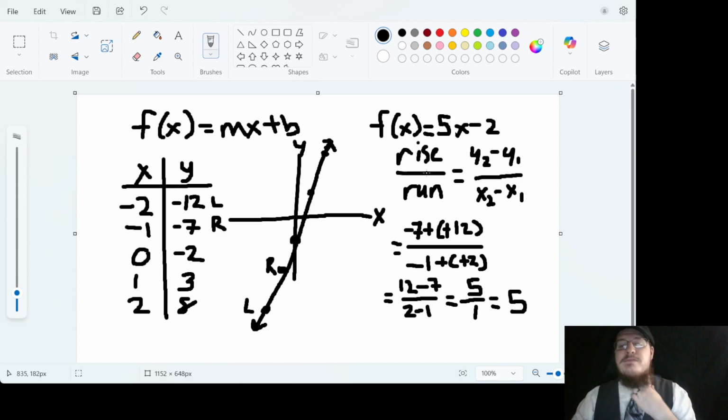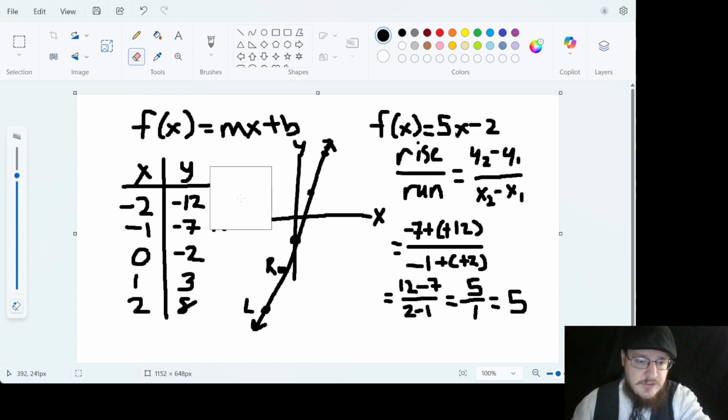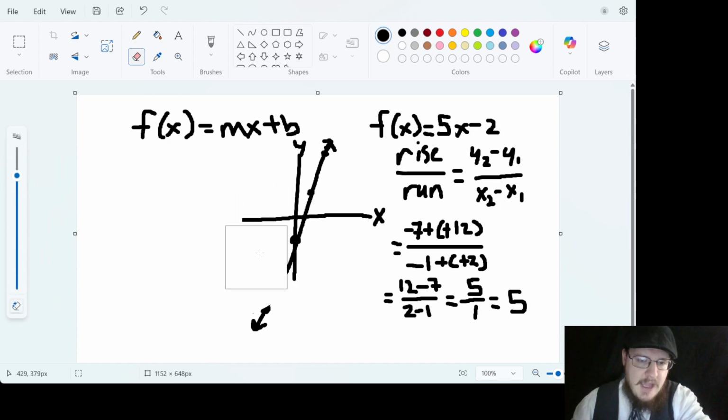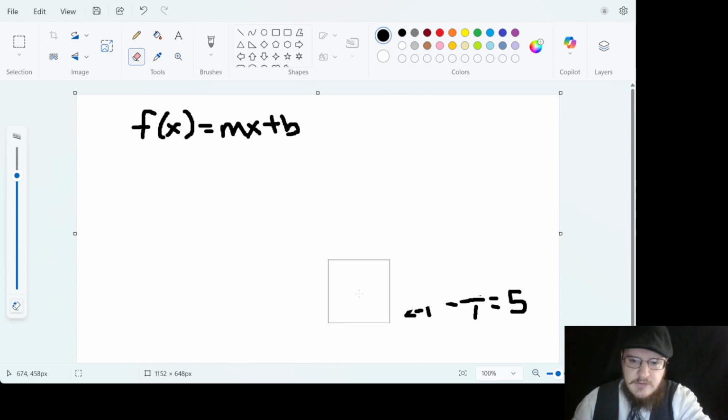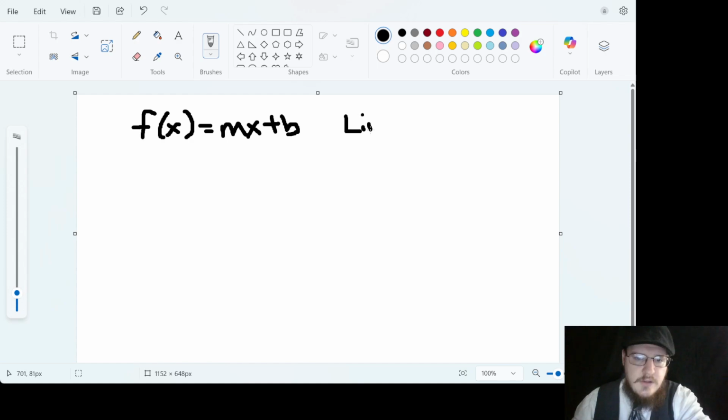We got our slope. Now, for higher tiered powers, okay, what I mean by that, higher tiered functions, let me clean all this out. This right here is what's called a linear function.